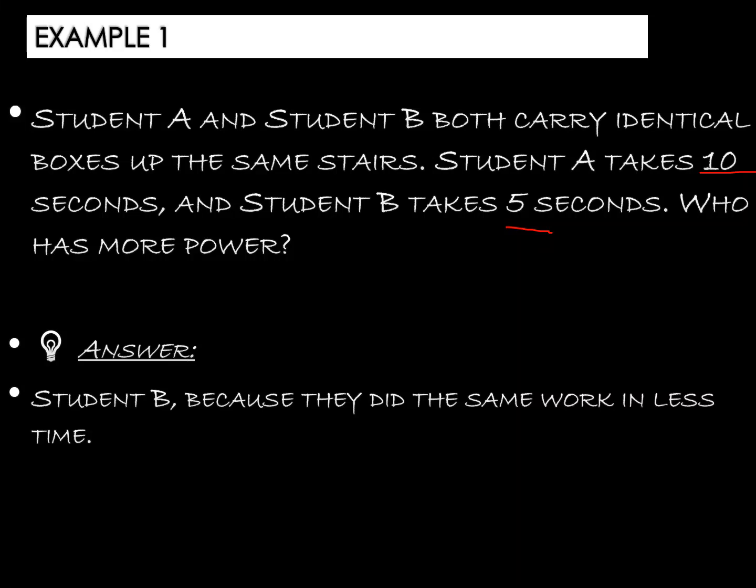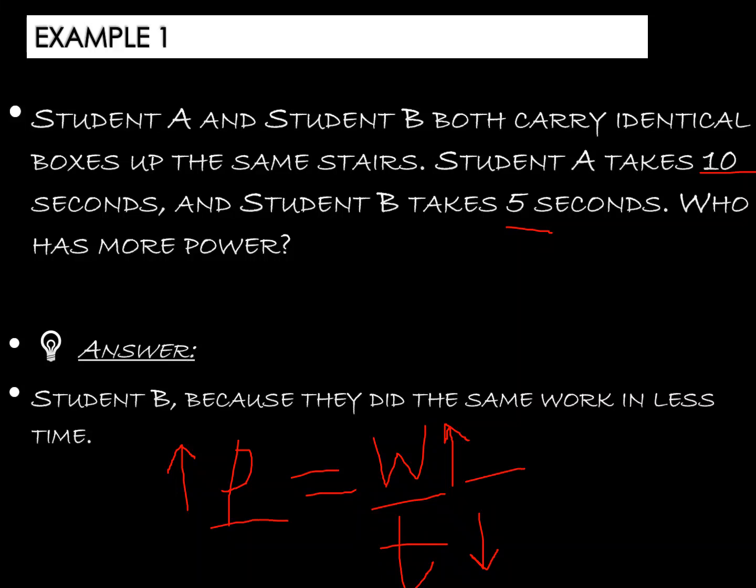Mathematically it can be expressed as P equals W over T, which is power equals work done over time taken. As you can see, power is inversely proportional to time. So as power increases, time decreases, and work done increases. That means power is directly proportional to work done, but inversely proportional to time.